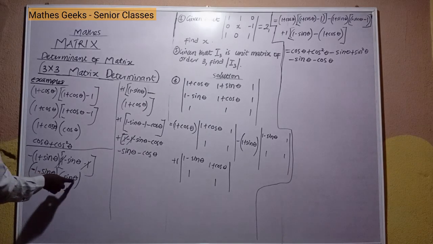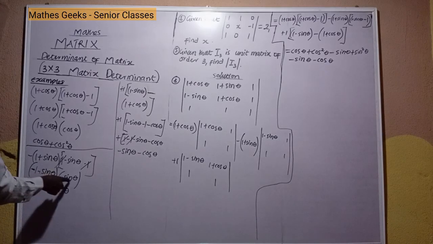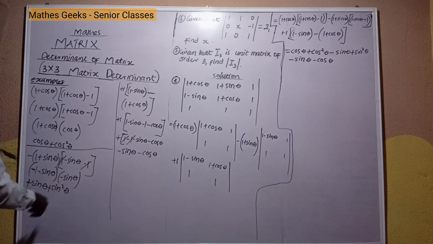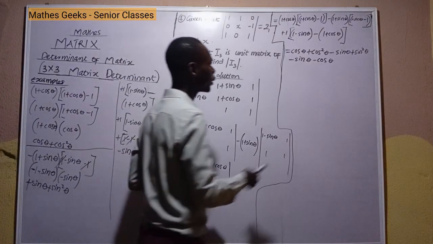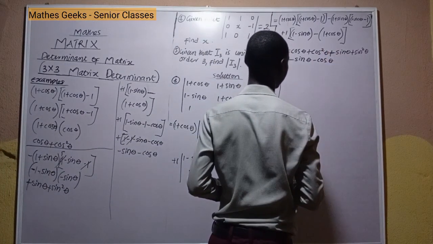Minus sin theta times minus sin theta will give us plus sin squared theta. So it's plus.